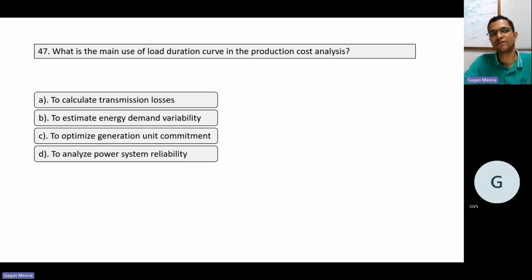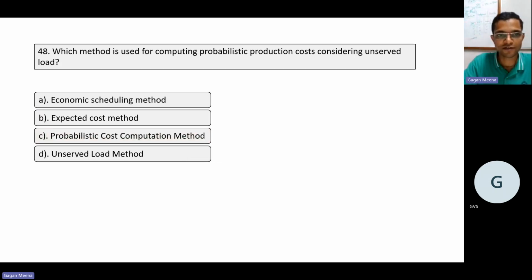It is the same as what we are saying with the priority list: if the demand is less, then the cheaper generator goes. If demand increases, the number of generators increases. So this load duration curve will tell us for how long, how much is the demand. The demand will determine which generator should be scheduled to optimize the generation unit commitment.